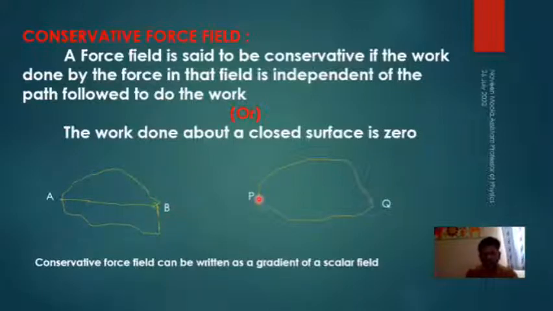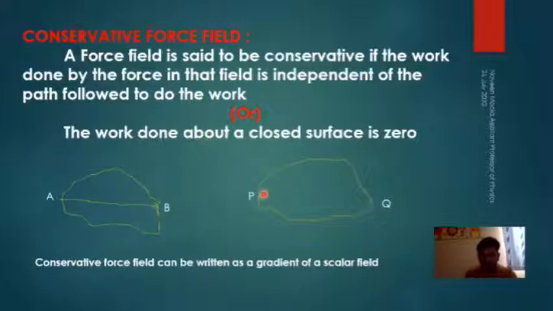If we consider point P and point Q, and we calculate the work done to move an object from P to Q, if it is a conservative field, the work done to move from P to Q along path 1 and path 2 is the same. The second statement is the work done about a closed surface.